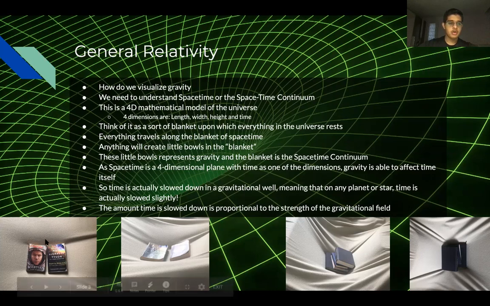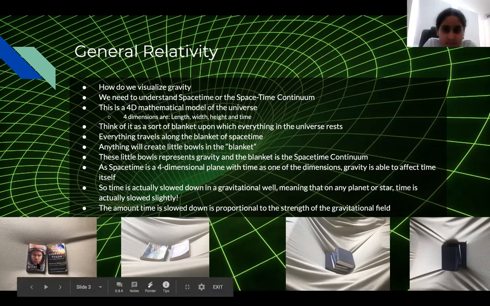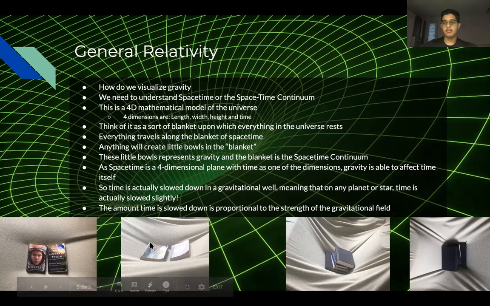Yes. Okay, so if you see down here, I've got a couple of books on a blanket. This is a picture from the top and this is from the side. As you can see, they have their own mass and they make the blanket go in a little, okay?